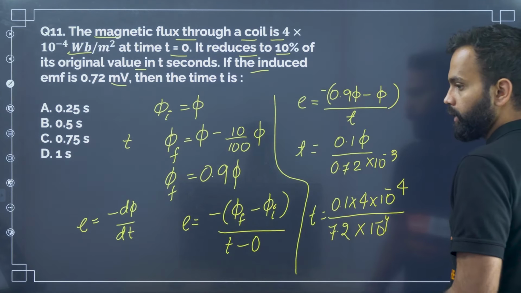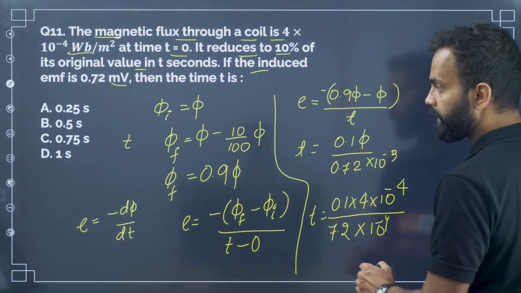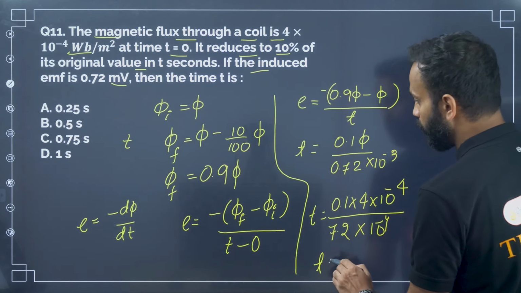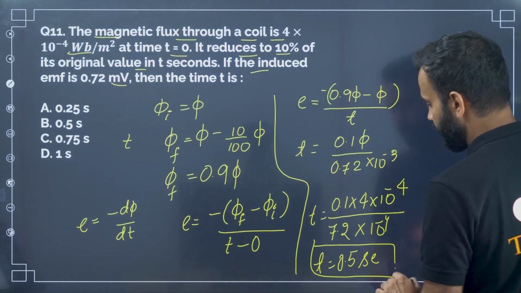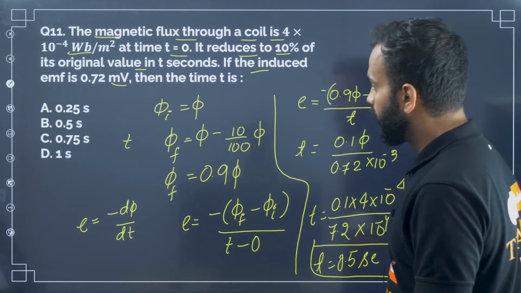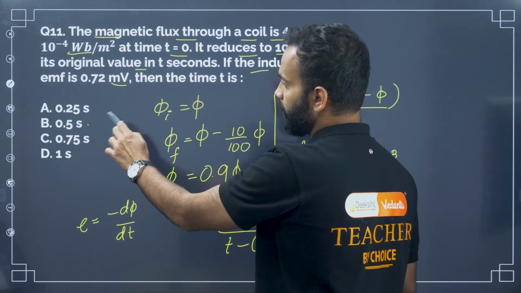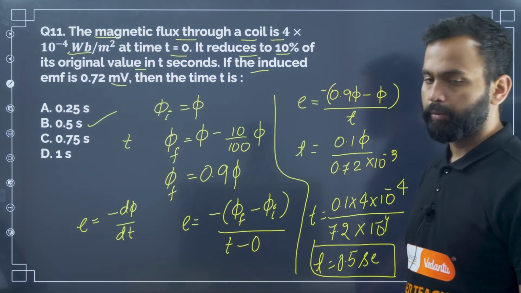So now solve this, okay? Solve this, you will get T equal to 0.5 second. So the correct option is B. Okay, correct option is B.